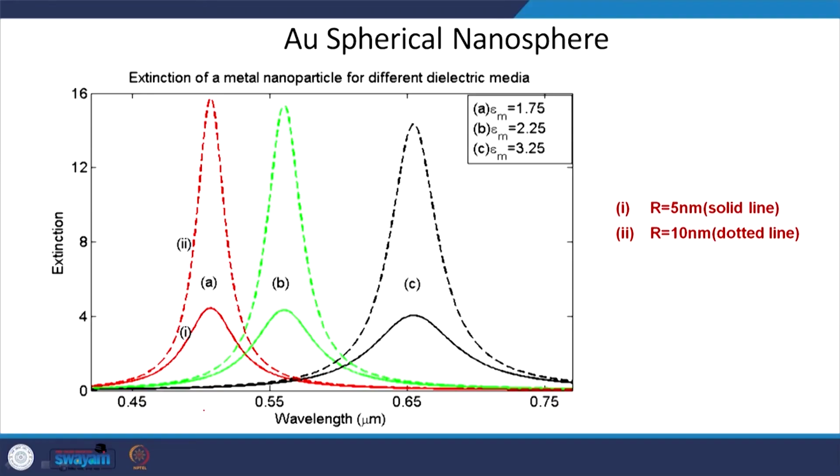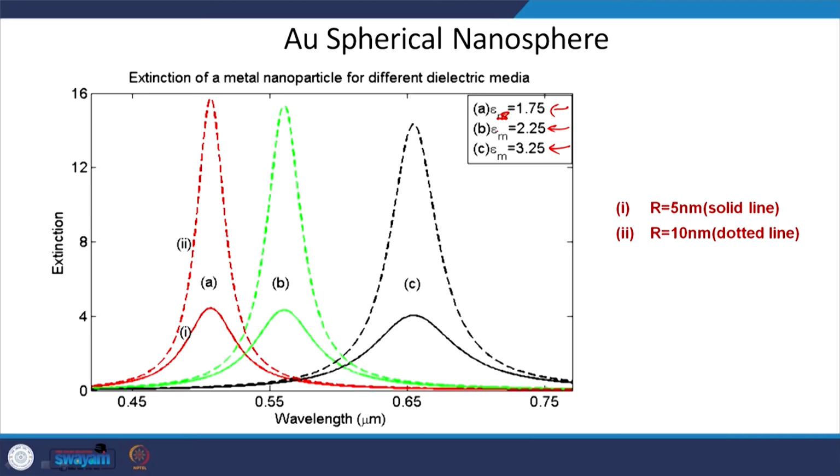So, we have plotted here the extinction cross section as a function of wavelength for nanoparticles of different sizes, and also we are now changing the dielectric constant of the medium which is surrounding it.